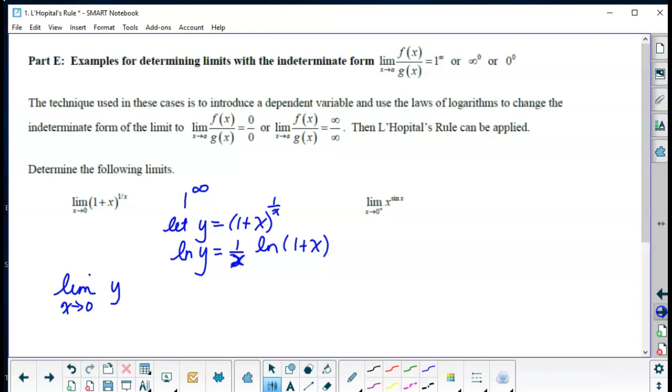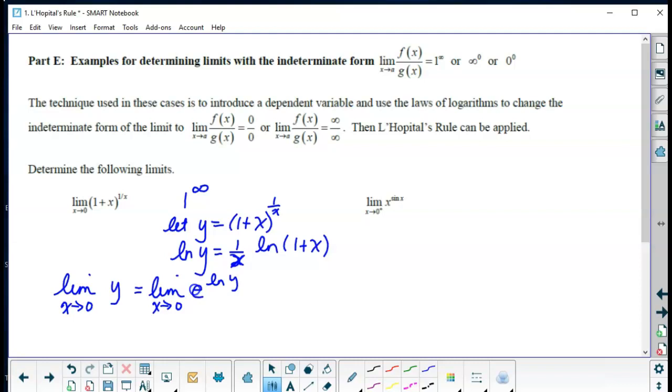You could change what y is, but I'm going to leave it like that, because now that's the same as the limit as x approaches 0 of e to the ln y. So remember back to your log rules. If the base of your exponent is the same as the base of the log in the exponent, then that's the same as just y, the argument.